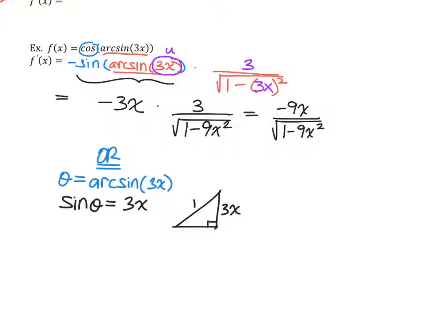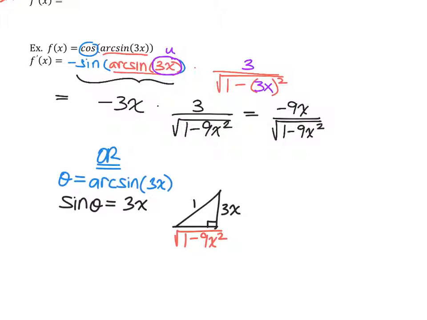I know the missing side has to be the square root of 1 minus 9x squared. I mean, I could figure it out in my head, not because I'm a genius. I mean, there's that, but also because I've done this problem like 1,000 times. But also, most importantly, it's right there. It's going to work its way into our solution in some capacity. If there's going to be a radical in it, odds are it's going to be the square root of 1 minus 9x squared. So I skip that step.